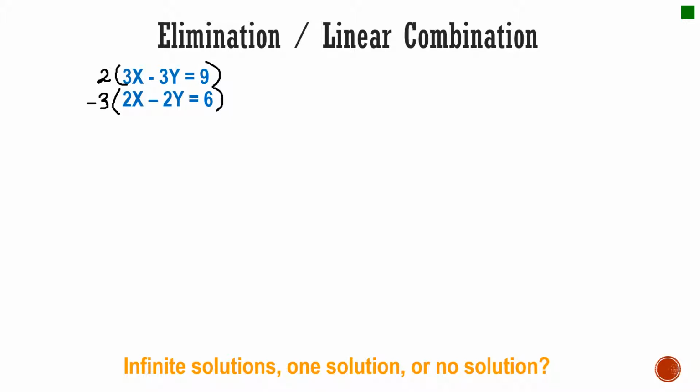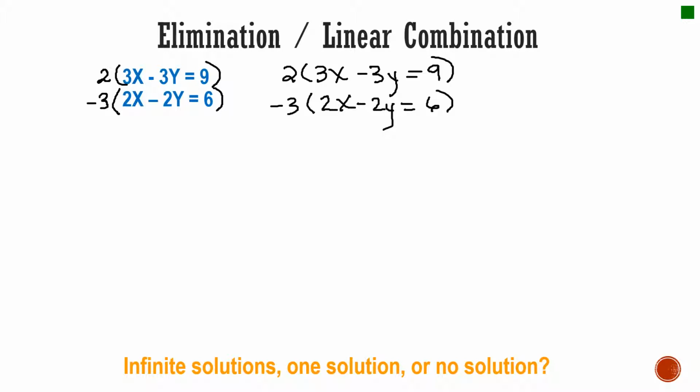I'm going to end up with 2 times the quantity of 3x minus 3y equals 9. I'm multiplying all of that by 2. That's why everything's in parentheses here. Then I have a negative 3 multiplied by 2x minus 2y equals 6.